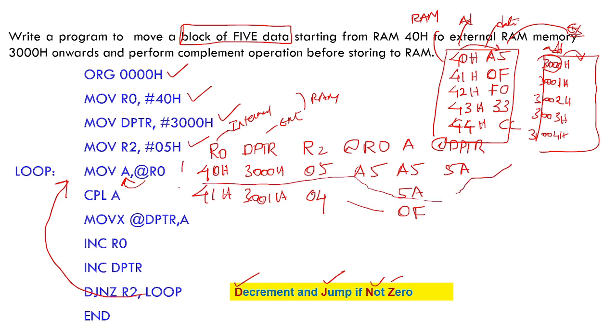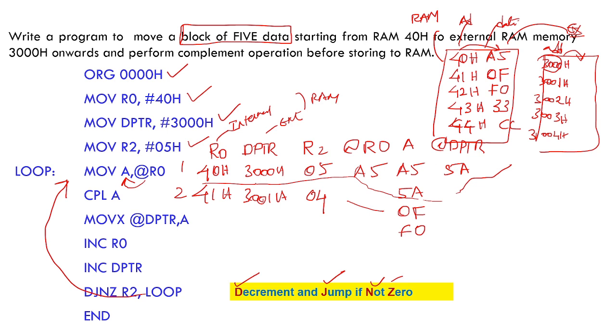Okay, so this is the second looping process. So now the content of R0 is updated to the accumulator. Now you want to take a complement. If you take a complement, you will get F0, which is stored in your accumulator itself. Now the content of the accumulator I need to pass to @DPTR.